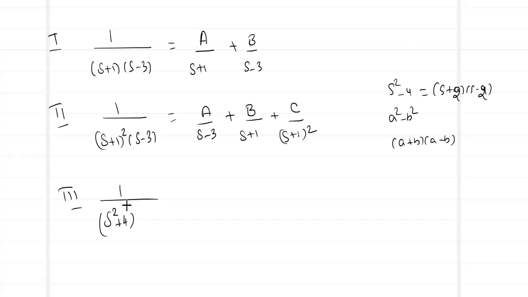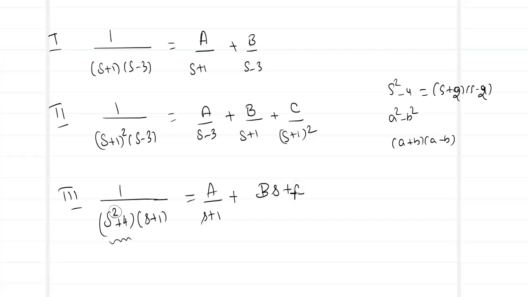Now since this is s square plus 4, which is non-factorizable in nature, and if I have in addition to it some other component like s plus 1 which is unity, then for the singleton quantity we assign a separate fraction, and for this non-factorizable factor, since it is of power 2, we assign a fraction of the format bs plus c.